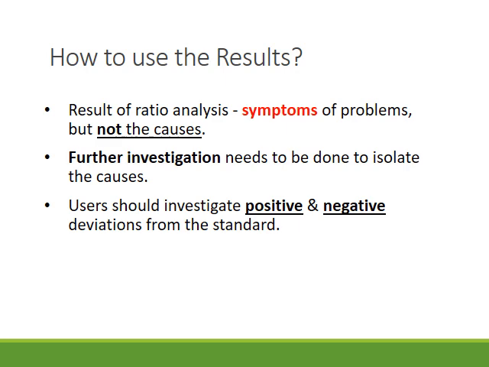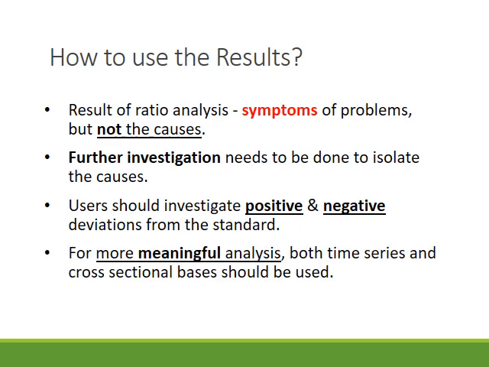Usually they trace it against the industry average. For a more meaningful analysis, both time series and cross-sectional bases should be used. So you should use both of them to see a bigger picture. Any questions so far?